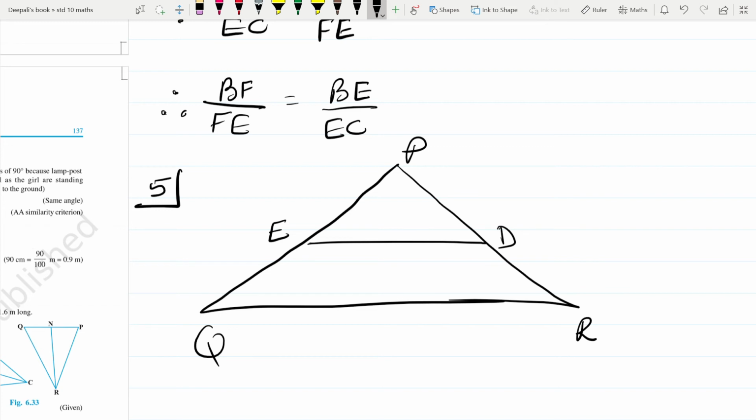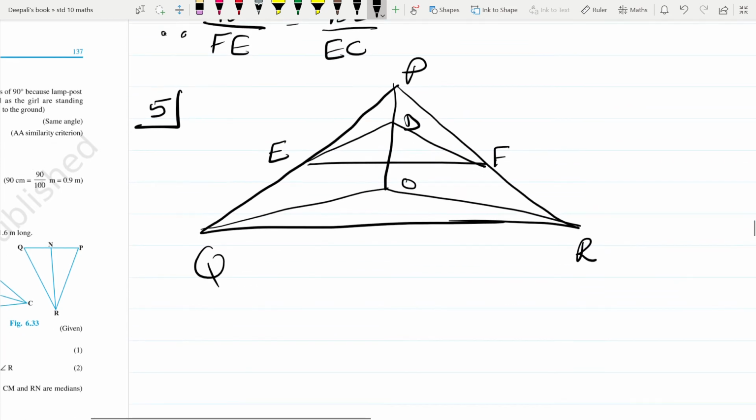You have a point O and D here. This is the given figure.